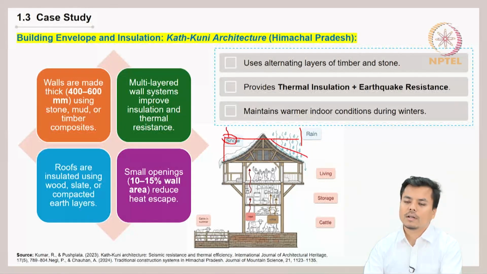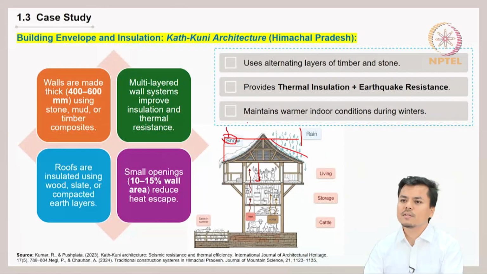So that is why it is added. And then the roof height is also minimized, just 2.1 to 2.4 meters. The floor to roof height is maintained. There are small openings, that is, only 10 to 15% of the wall area is used for openings.